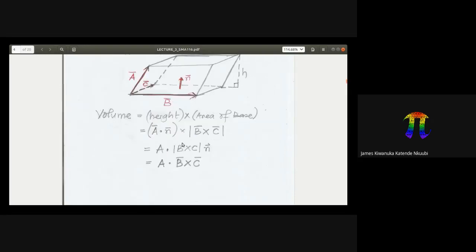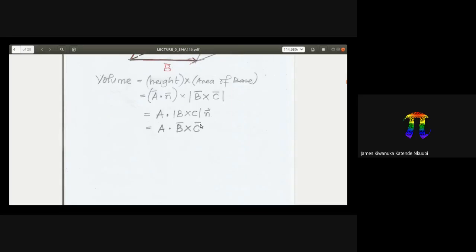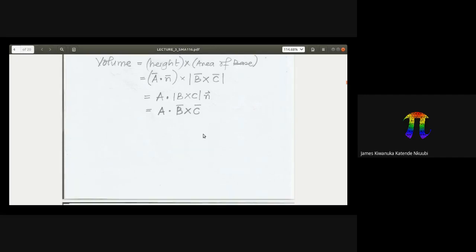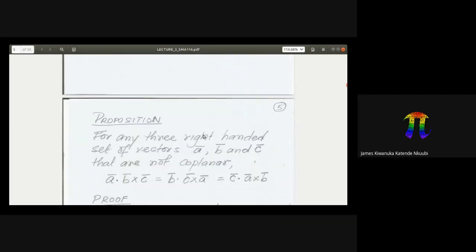It will be flat. And that means that this dot product will be 0. So if you have 3 vectors which are in the same plane, then A dot B cross C will be equal to 0, the number, sorry. The volume will be 0 basically.